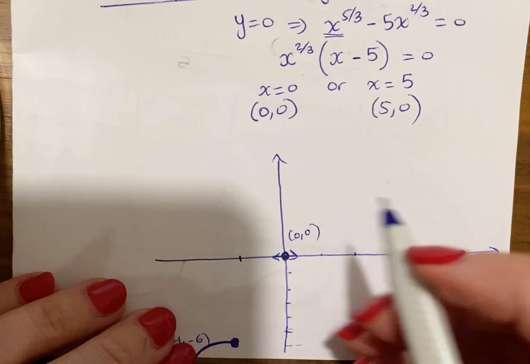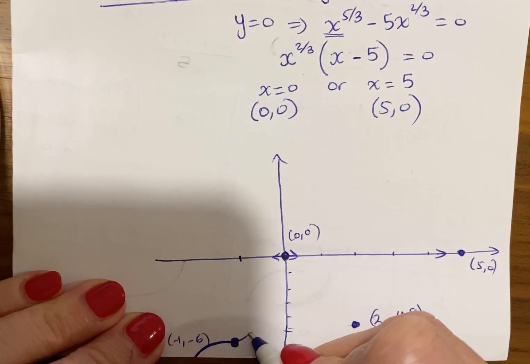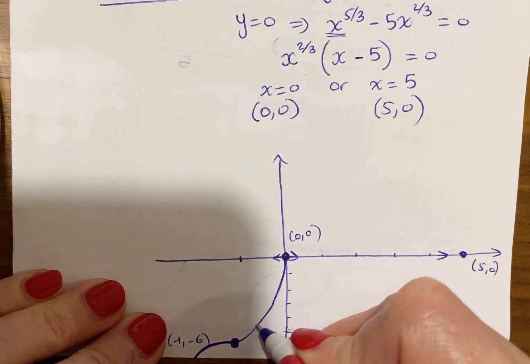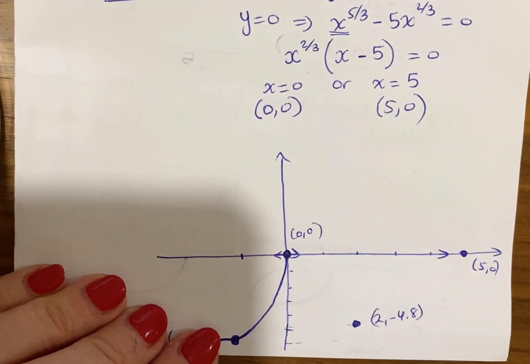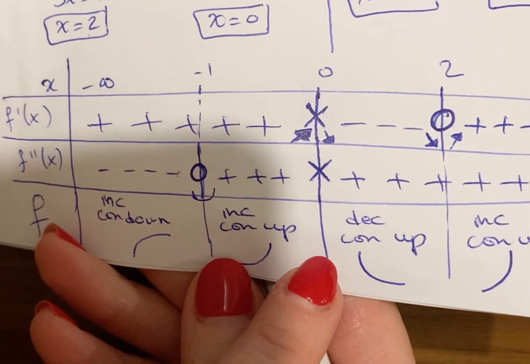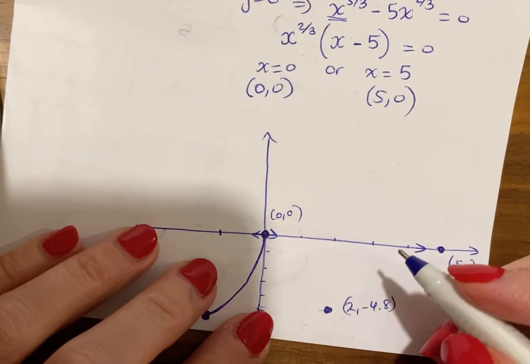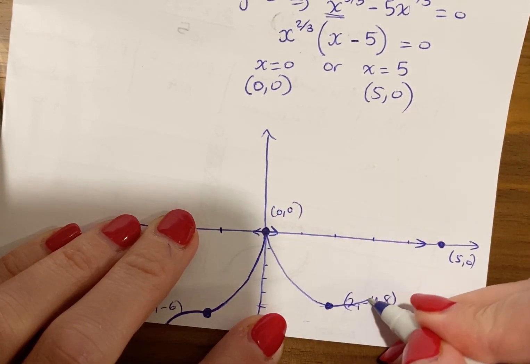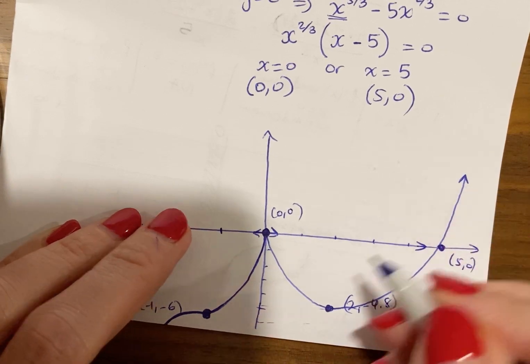Then increasing concave up. Then decreasing concave up, then increasing concave up.